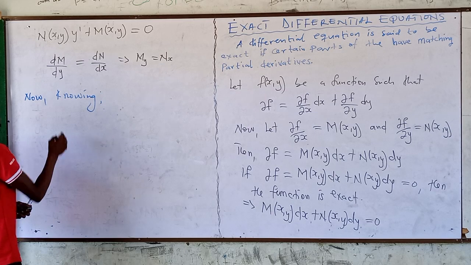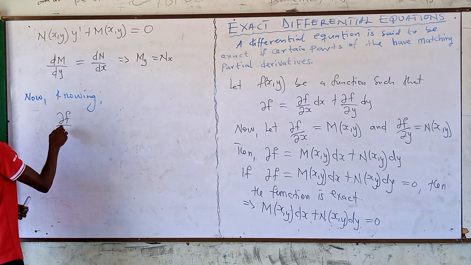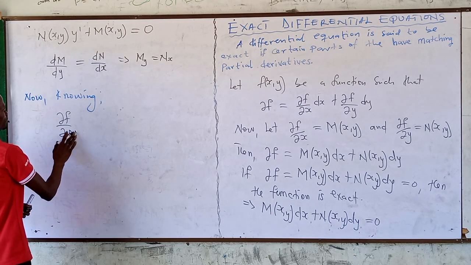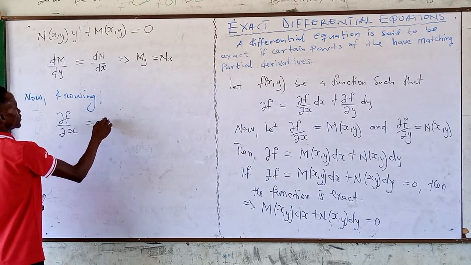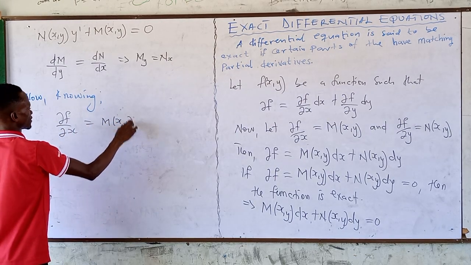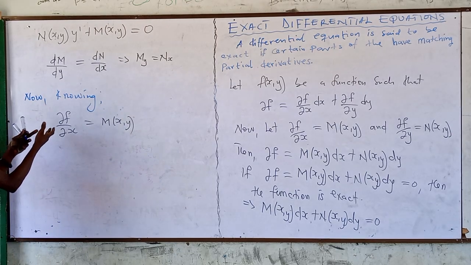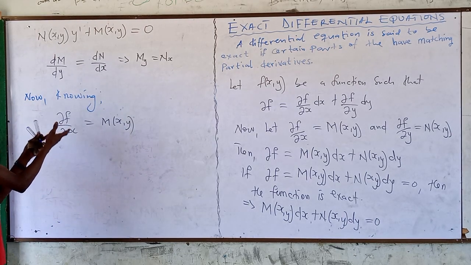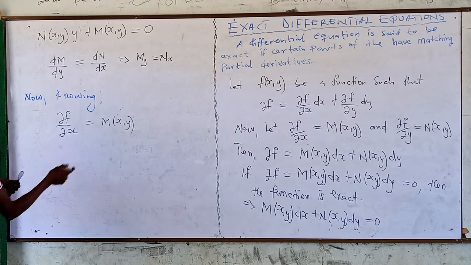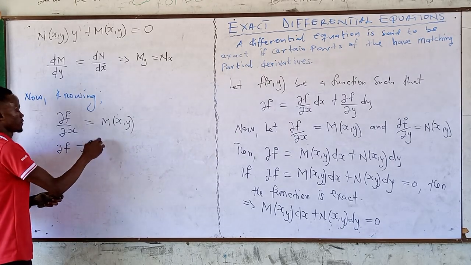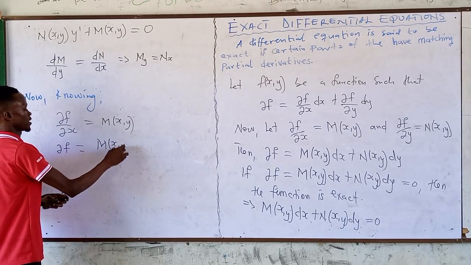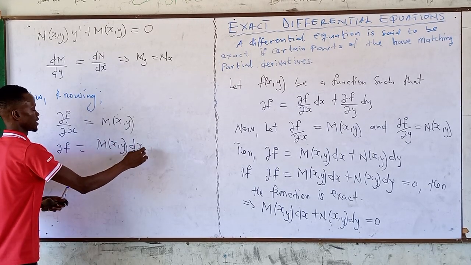So now, knowing ∂f/∂x is equal to the function M of x, y, we can obtain the potential function f. I have ∂f equal to M(x,y) times ∂x.